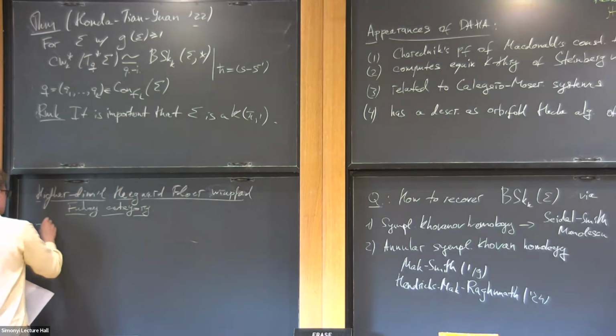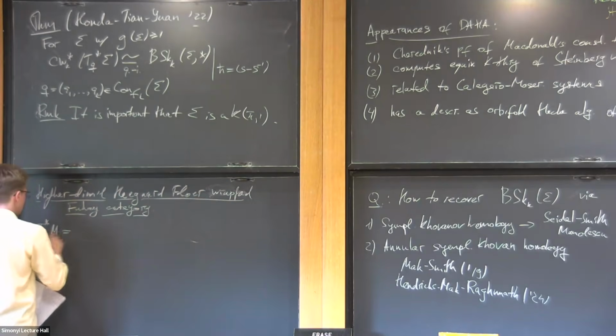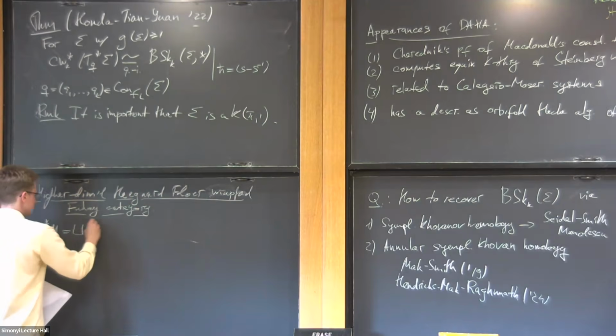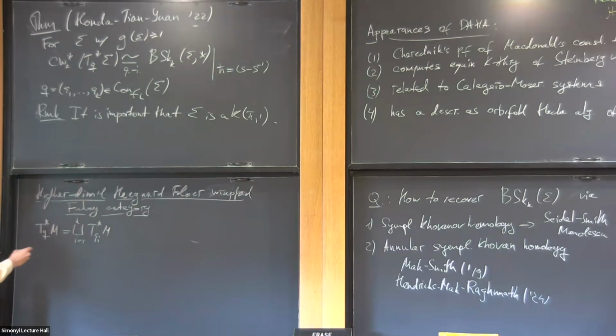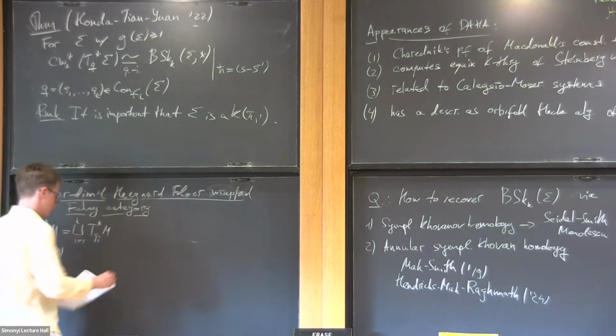So let me denote this way the disjoint union of cotangent fibers, where i goes from 1 to k, and Q here is an element in the configuration space of M. I'm assuming that M is an orientable manifold, not necessarily of dimension 2.